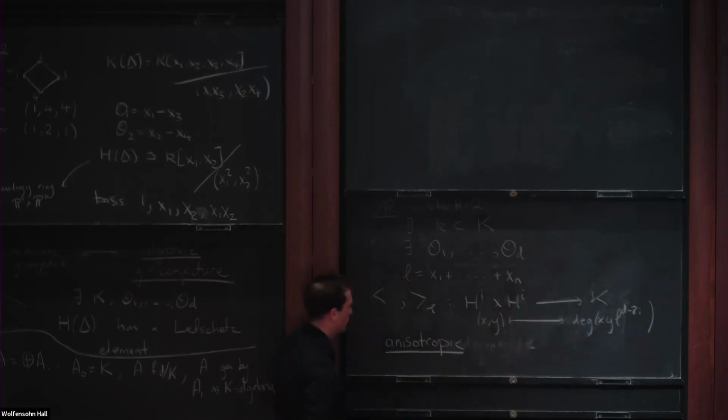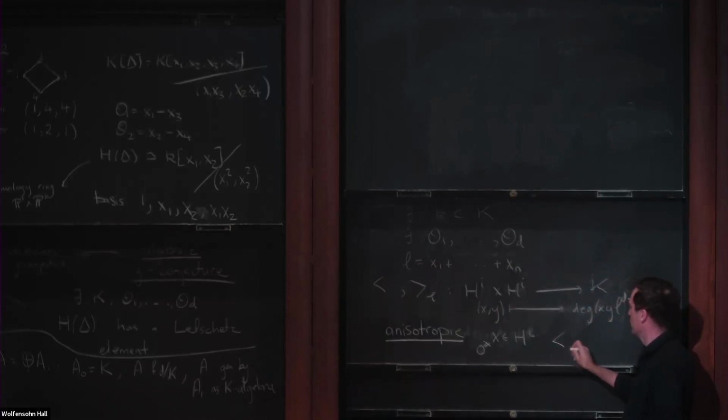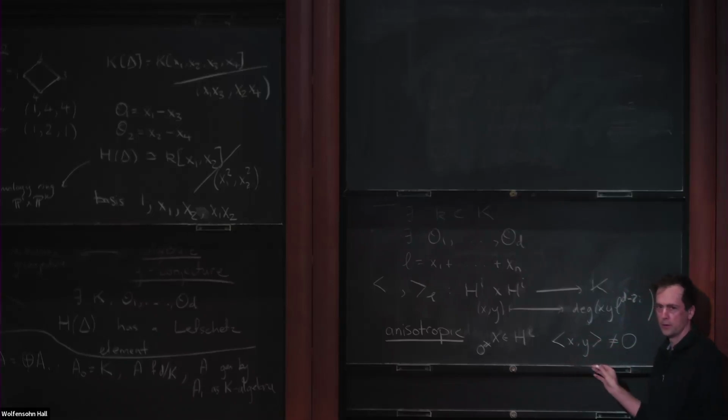Anisotropic means that if I take an element of degree i which is not 0, then for non-degeneracy I would want some element y which pairs with it and gives something non-zero. Anisotropy is stronger: you can choose that element to be itself. So any non-zero element pairs with itself to give something non-zero.